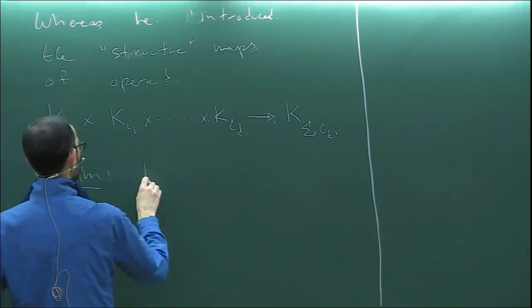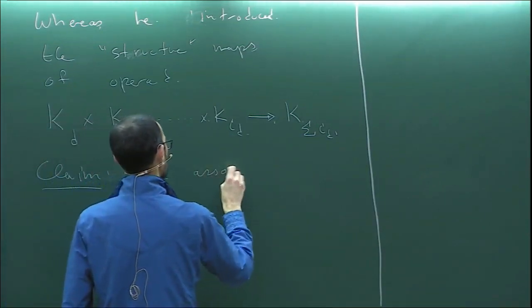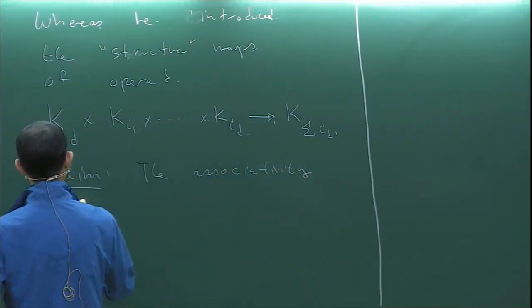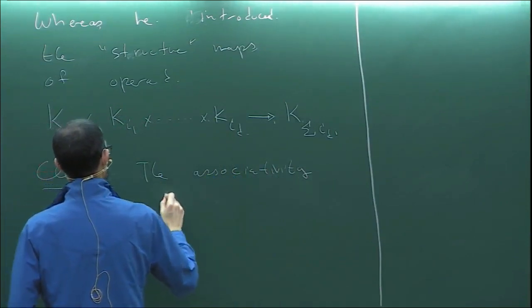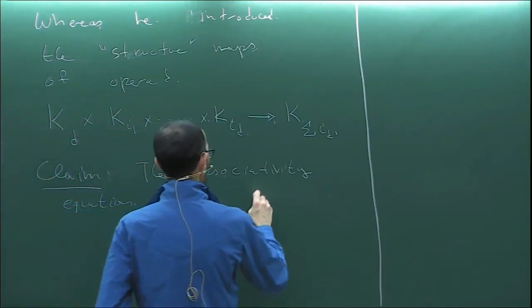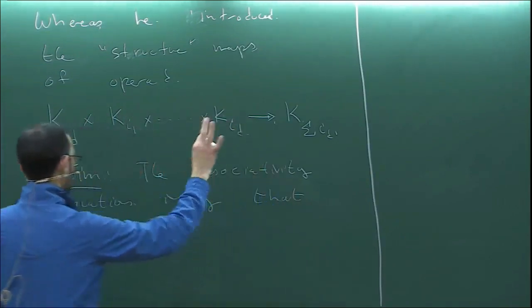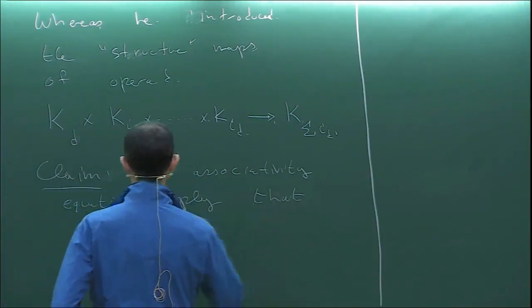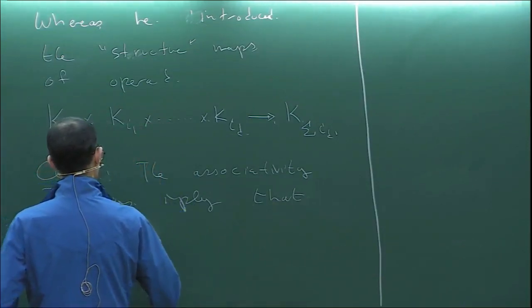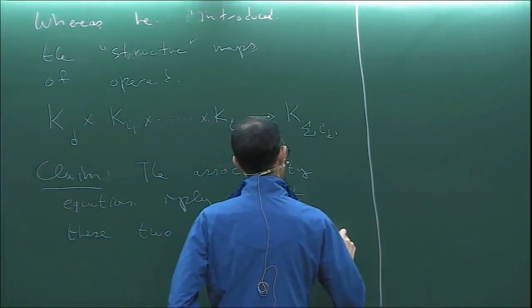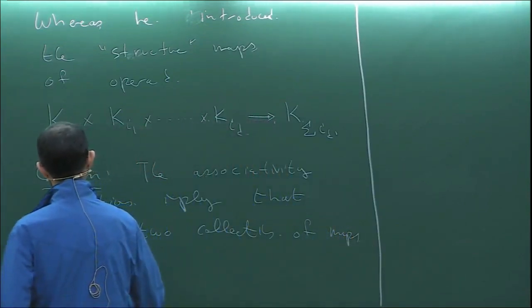If you keep the associativity conditions in mind, the associativity equations imply, which I wrote down fairly explicitly, that these two collections of maps encode the same data.